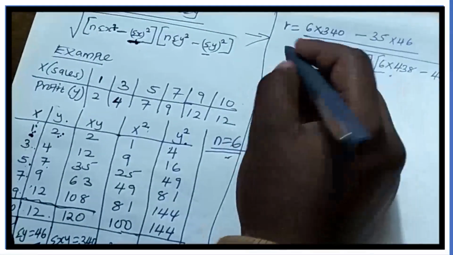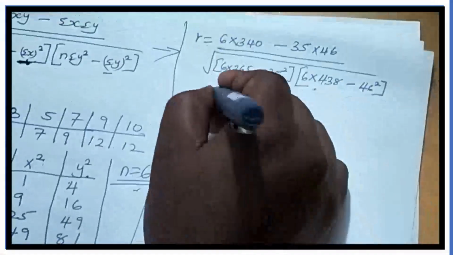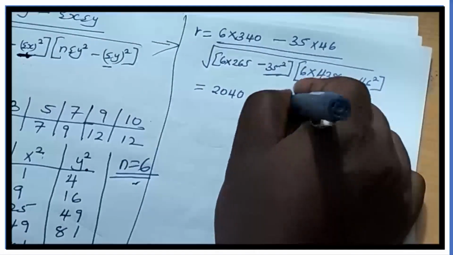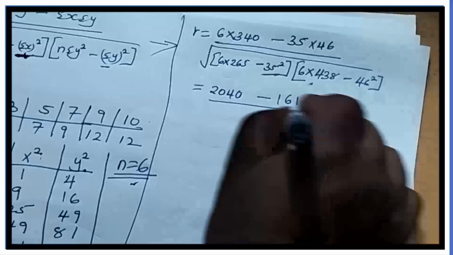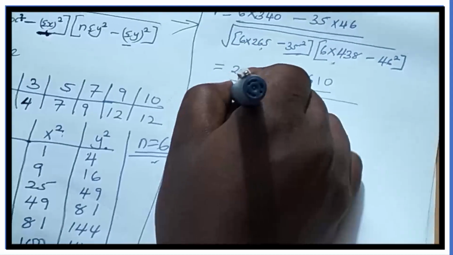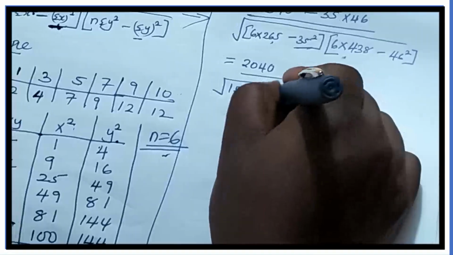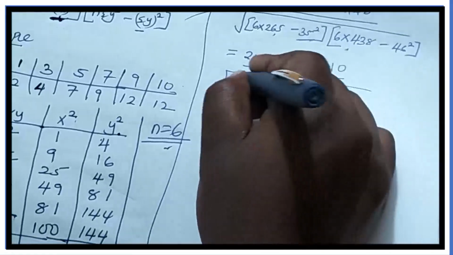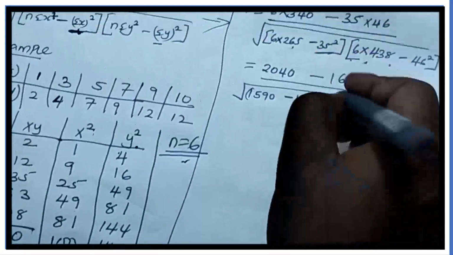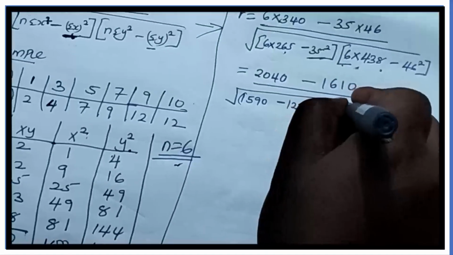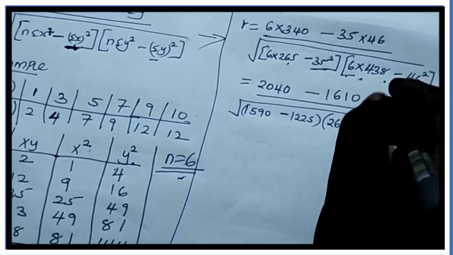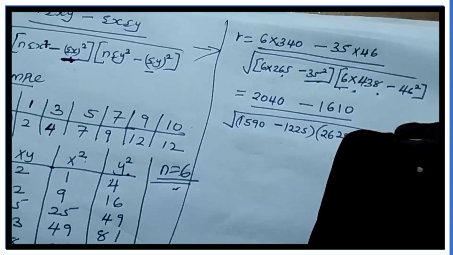And when you solve this, you find it is 2040 minus 1610 all over 6 times 265, you get 1590, which you can confirm. That's why we are here, we are simplifying mathematics together. So 6 times this one, you will get 2628, minus when you get 46 squared, you will find it is 2116.